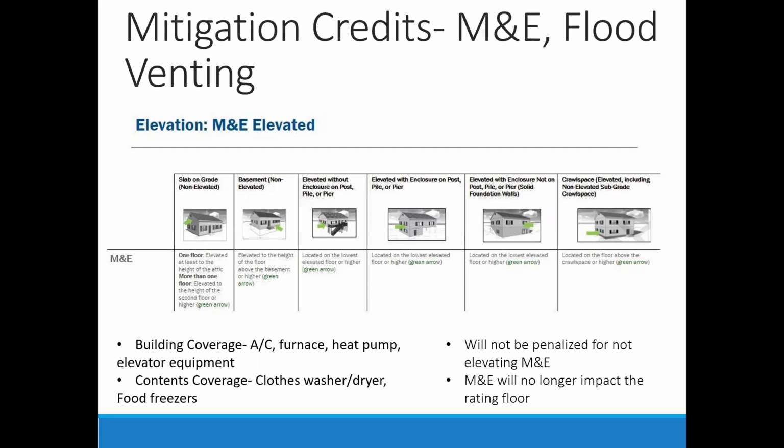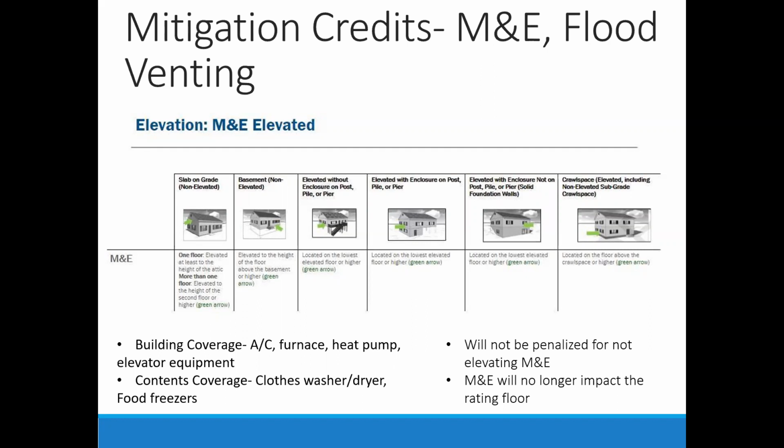If you have a basement, it's to the floor above the basement or higher. If you have any one of the 3 in the center, the 5, 6, or 7 diagrams, so elevated without an enclosure, with an enclosure, or with the full story enclosure, like the house in Missouri that I showed you, it has to be to the lowest elevated floor or higher.